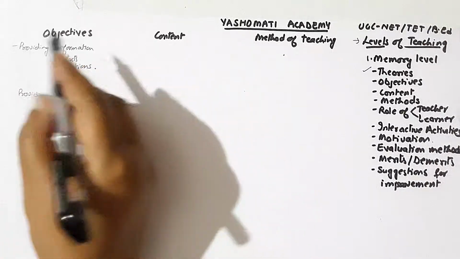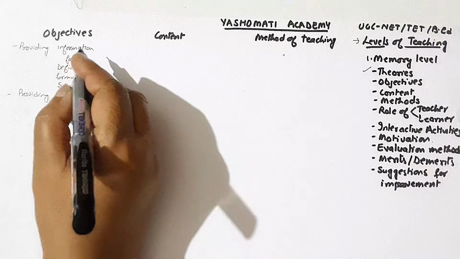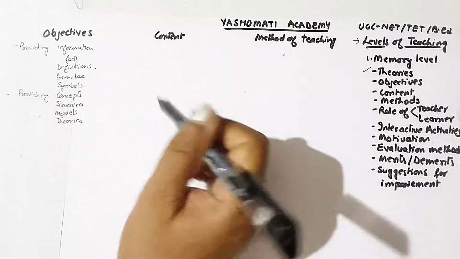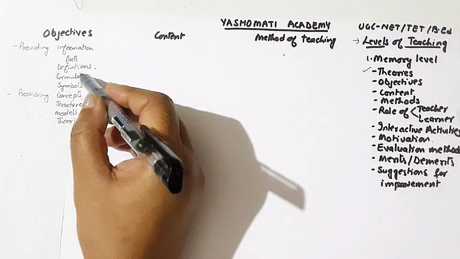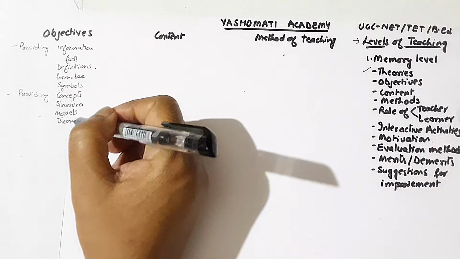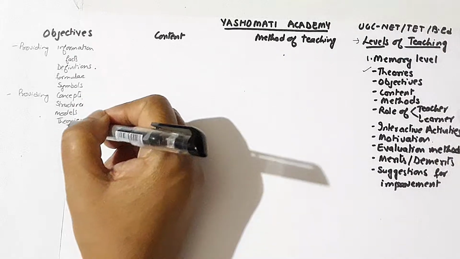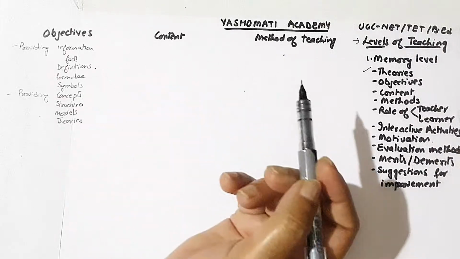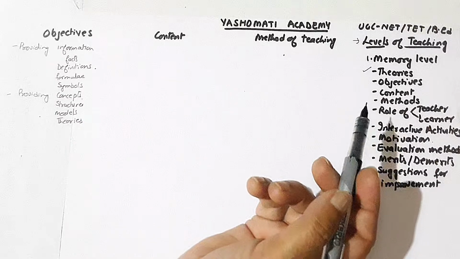So that means that when the content which is to be taught is very simple, or when it is very complex, at both levels certain objectives of teaching can be achieved by teaching at memory level.